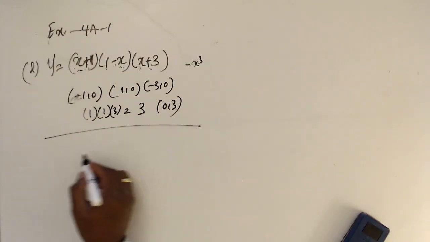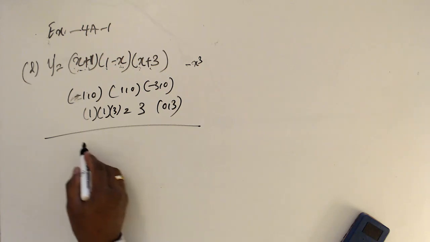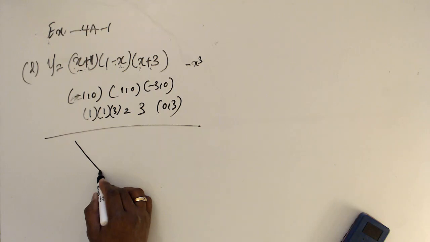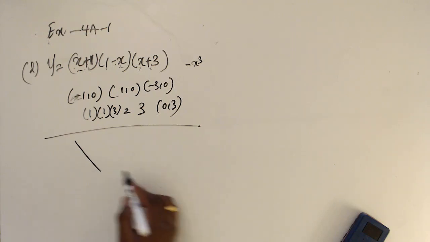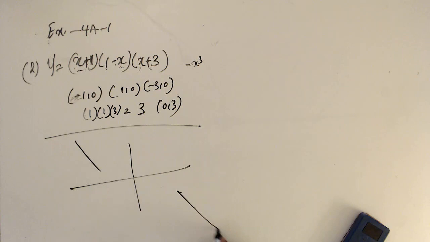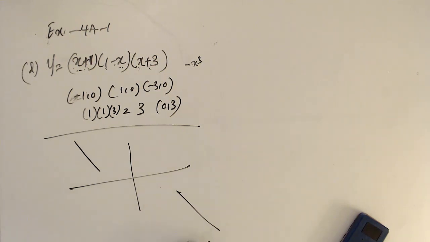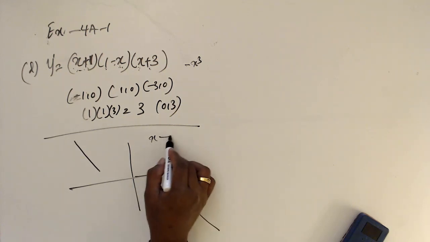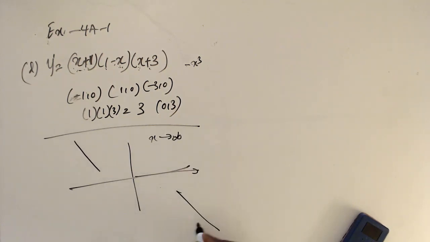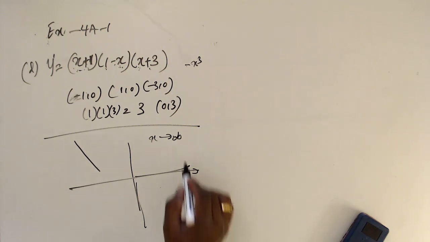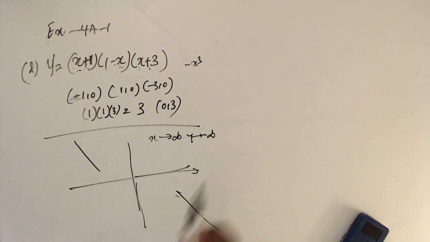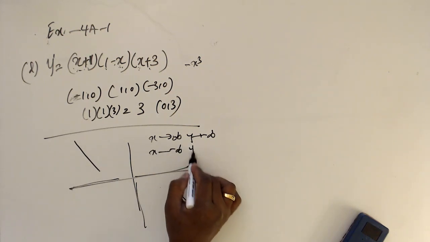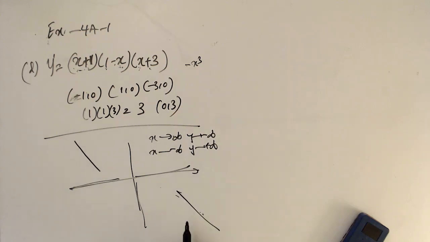Then we are expecting that when x goes to positive infinity, y goes to negative infinity, and when x goes to negative infinity, y goes to positive infinity.